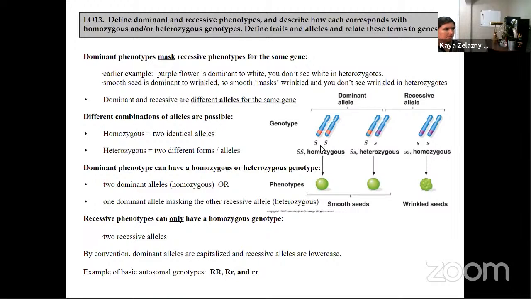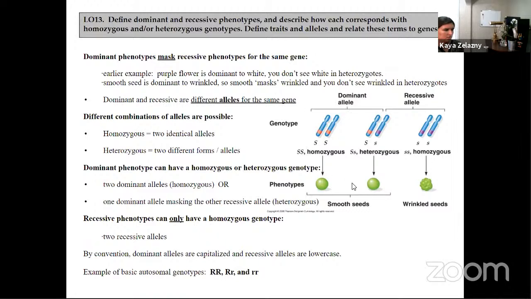You can have two copies of the dominant allele, giving a homozygous dominant individual. You can have two copies of the recessive allele, giving a homozygous recessive individual. Or you can have one copy of each, giving a heterozygous individual. Whenever that dominant allele is present, you will see the dominant phenotype. So whether you have two copies of the dominant allele or just one copy, you'll show the dominant phenotype. Only when you have two copies of the recessive allele will the recessive trait be shown.